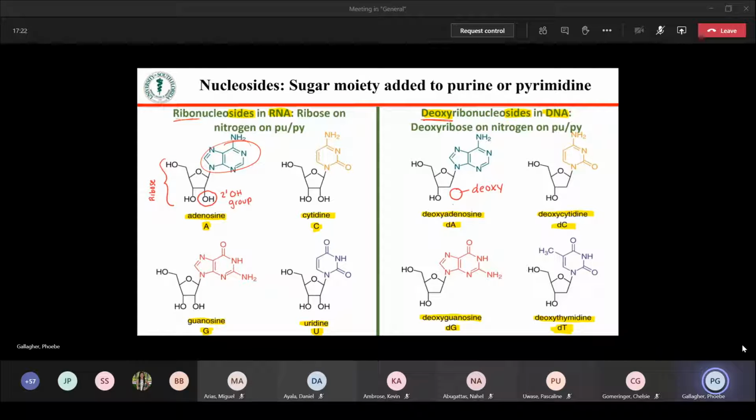It'll be missing the hydroxyl group for all of these. So understand these abbreviations because she does like to use them for the deoxygenated ones. Other than that, don't worry about memorizing the structure for any of these. That's too much information. Remember the names, understand what they're made up of: just the base and the ribose, and understand the difference between deoxy and the regular ribonucleoside.